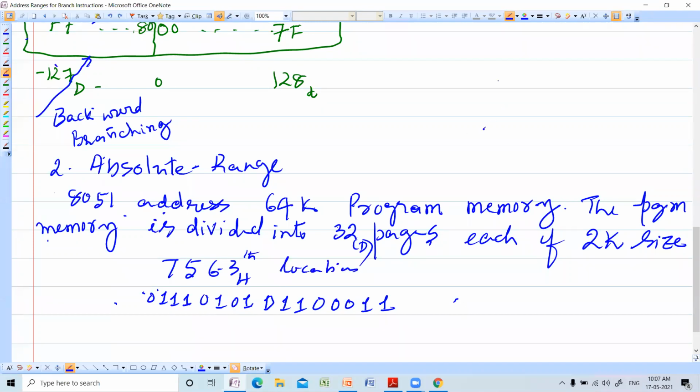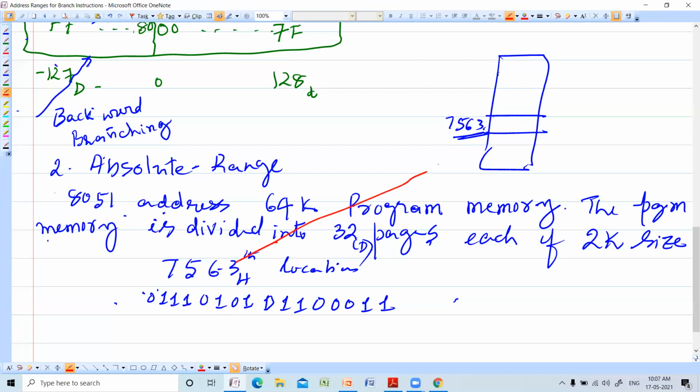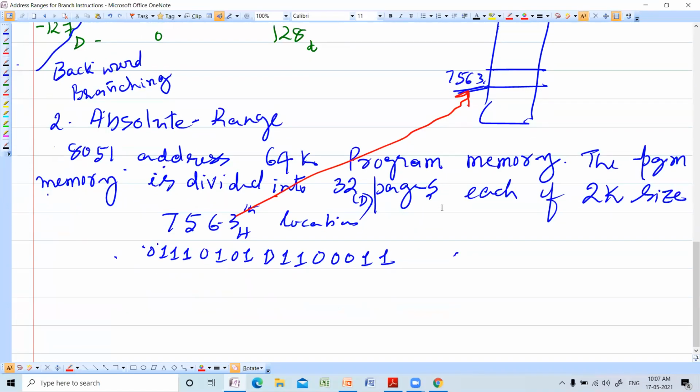That means if I take this as the memory, some location I am showing as 7563. This is what? So now, here you can just see the upper 5 bits. This indicates the page number.